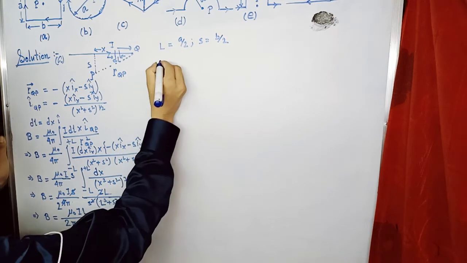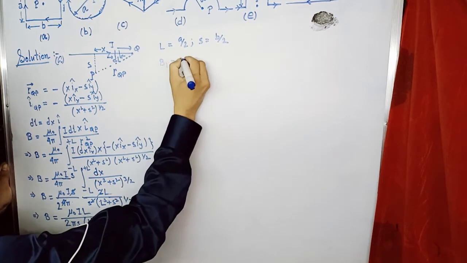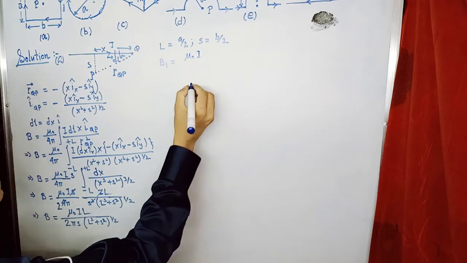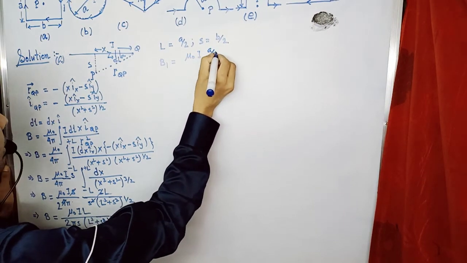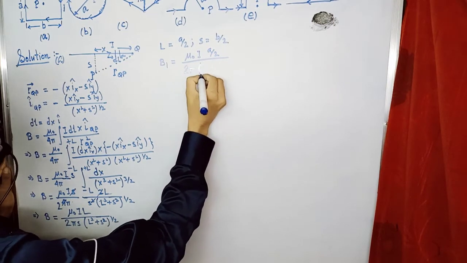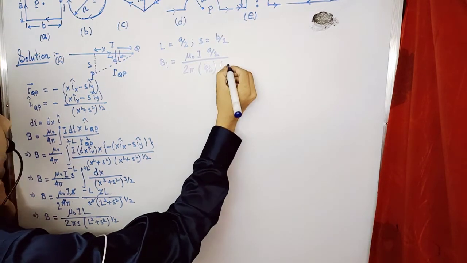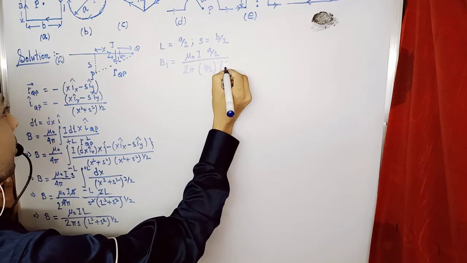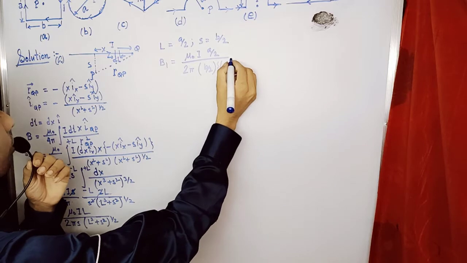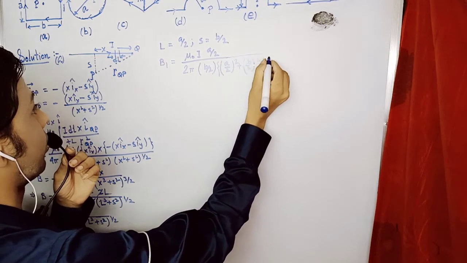Therefore, B1 will be equal to mu naught I, and instead of L we will write A divided by 2, divided by 2 pi, and instead of S we will replace B divided by 2, and again instead of L we will put A divided by 2, meaning A by 2 square plus A by 2 square plus B by 2 square to the power half.